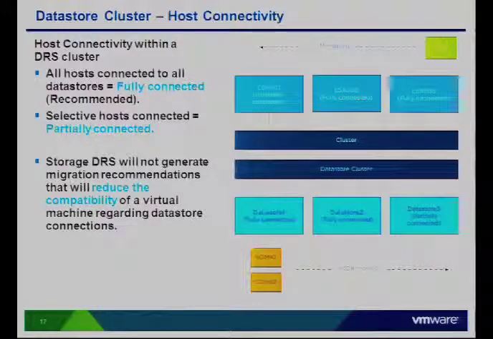If that occurs, you might see the impact on compute level distribution, right? Because we cannot move virtual machines to hosts that don't have that connection, right? So please keep in mind and please try to apply the best practices of connecting all hosts to all data stores in your data store cluster.